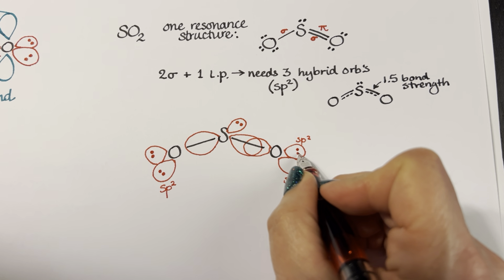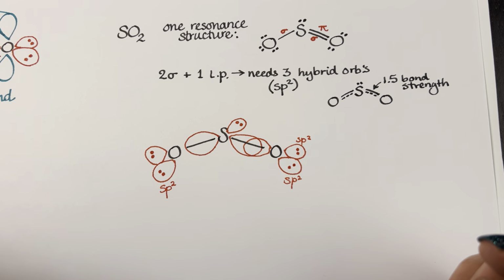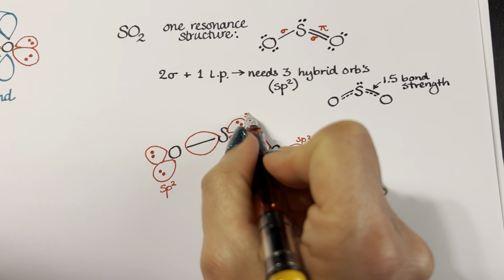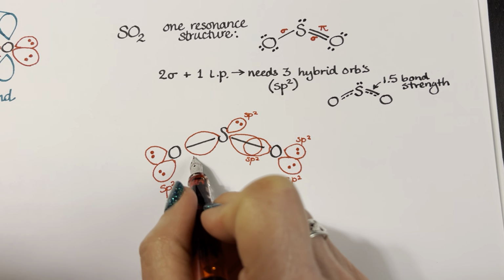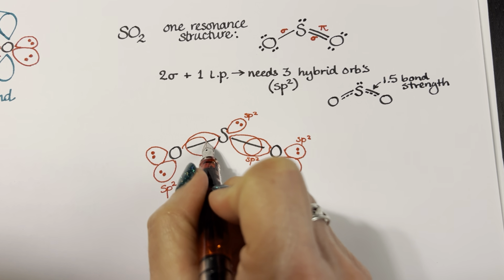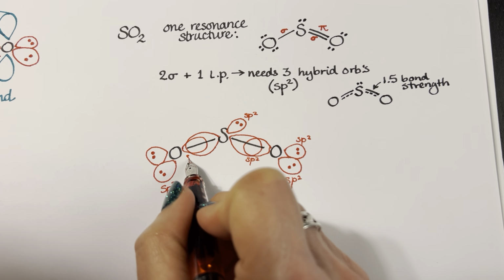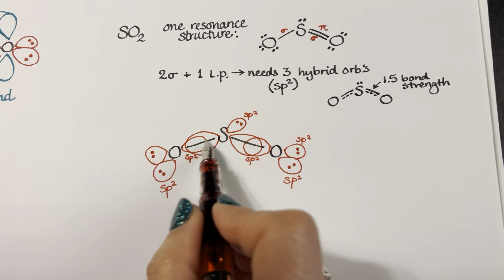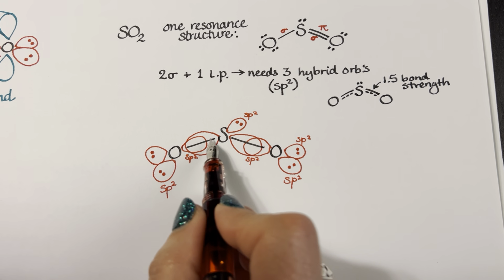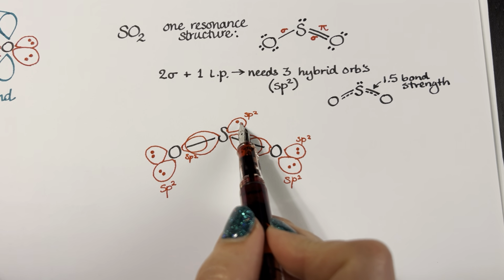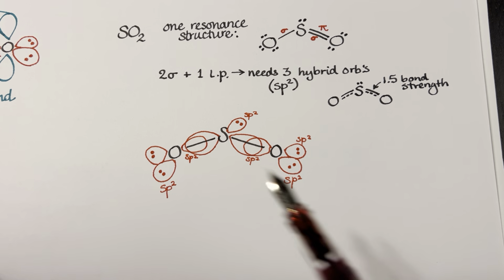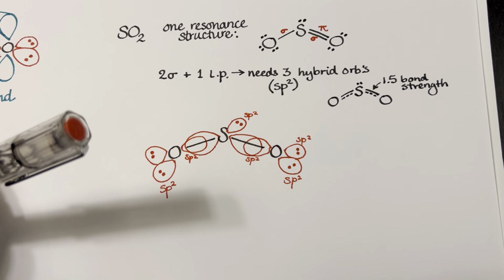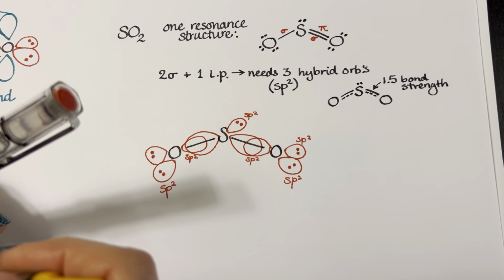And these are lone pairs. Oh, and then here's the other sp2 on oxygen. So these are all overlapping here to create sigma bonds. And then we've got all these other hybrid orbitals that are housing lone pairs.